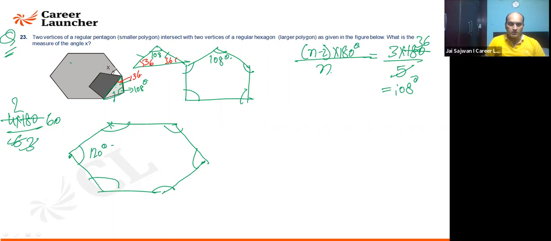Now, how much is this angle? You know, in the hexagon, I told you this is a 120 degree angle. But in the pentagon, let me use some other color so that you can differentiate.